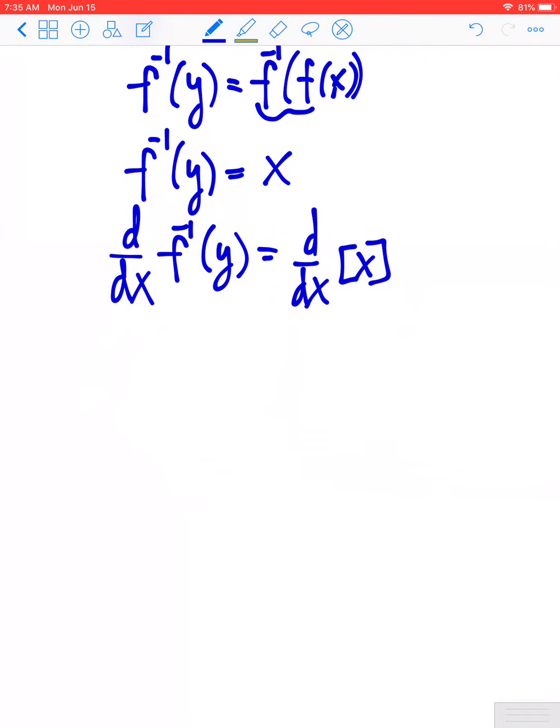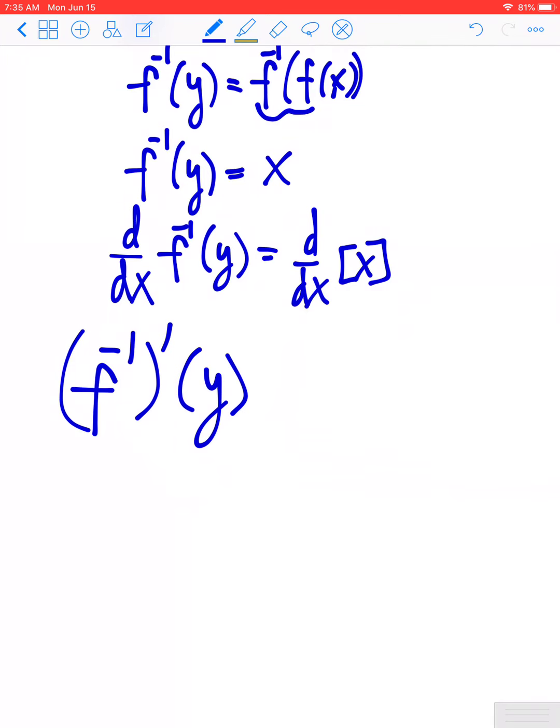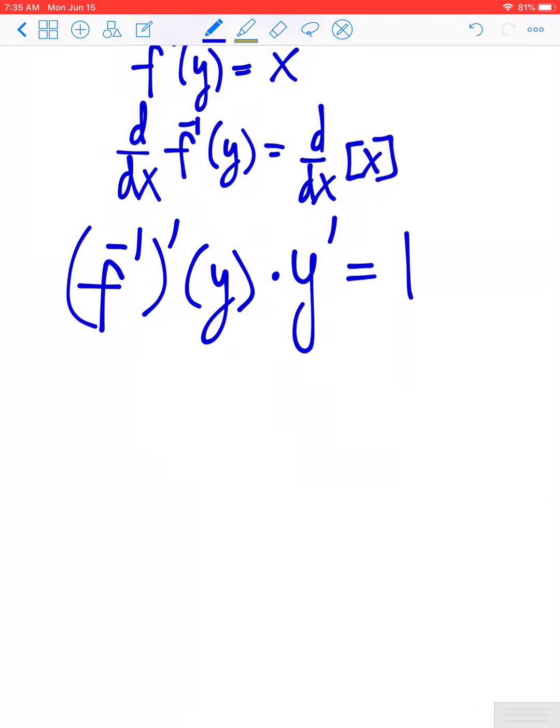On the left-hand side, this is going to be a chain rule problem. If we know that derivative exists, then we get f inverse prime of y, and then from the chain rule, we need to multiply by the derivative of the inside function. Let's call that y prime. On the right-hand side, this would simply be equal to 1, since the derivative with respect to x is just 1.